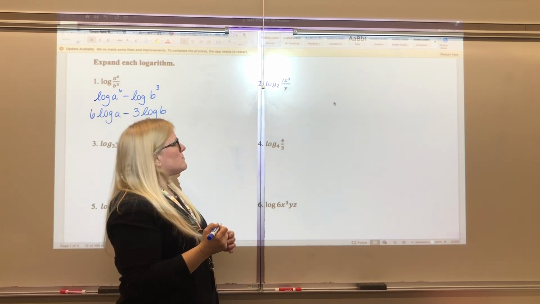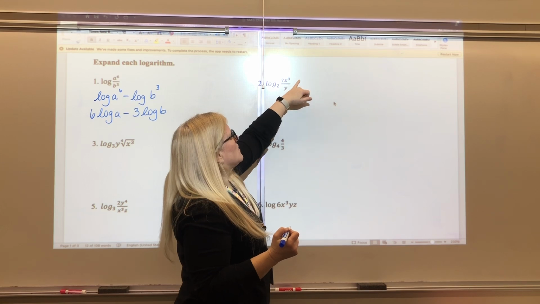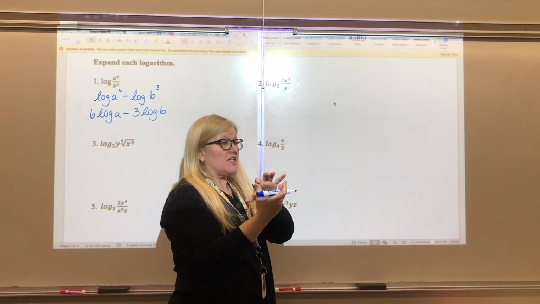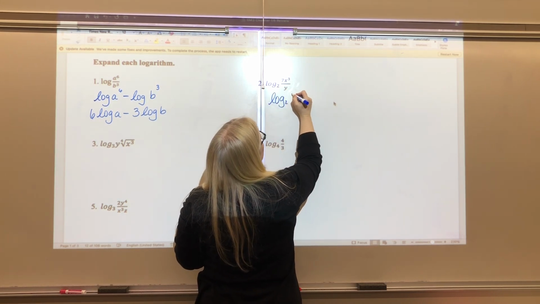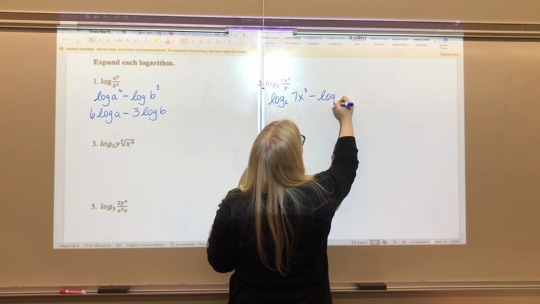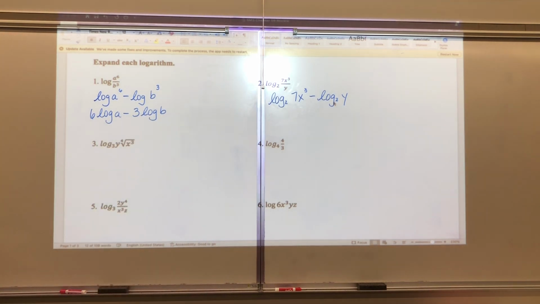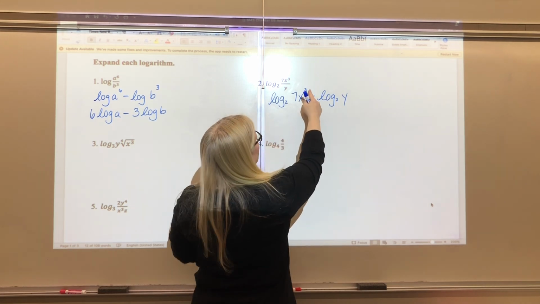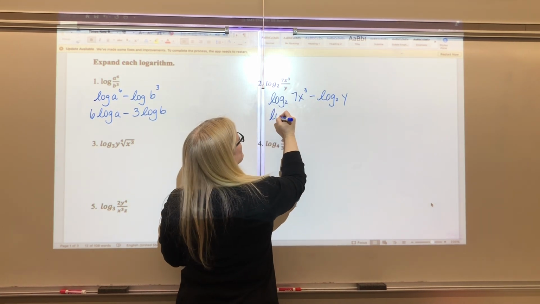Okay, number 2. Again, basically the main operation here is division, so we're going to do that first. So log base 2 of 7x to the third minus log base 2 of y. And then I look at each one separately. So this one, the main operation here is multiplication, so I'm going to do that one first.